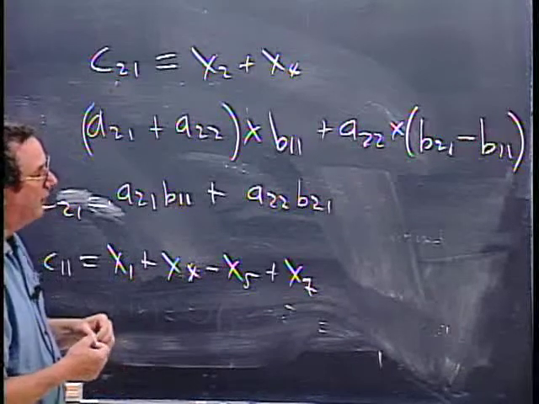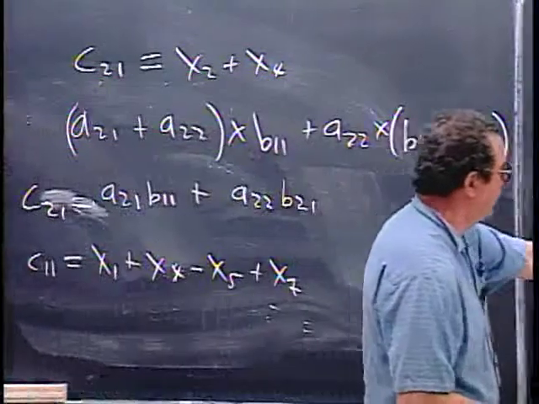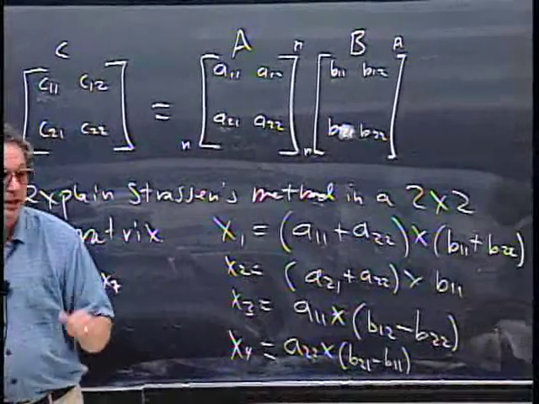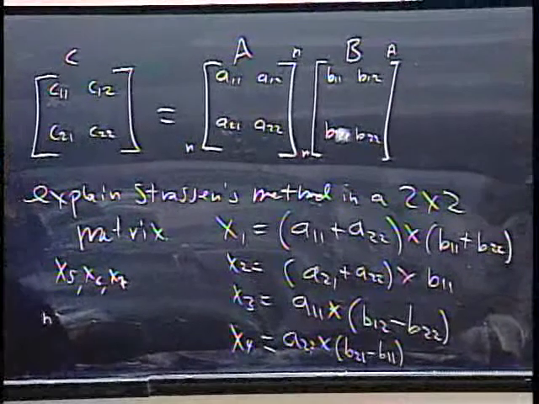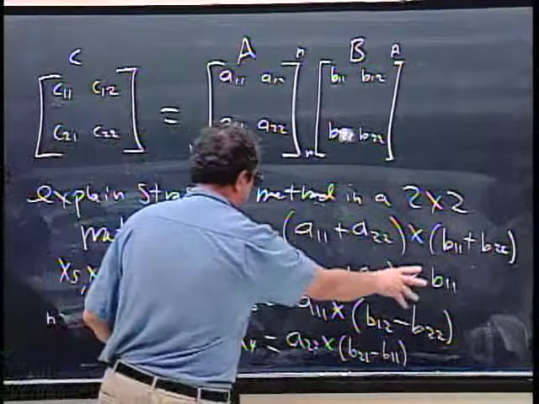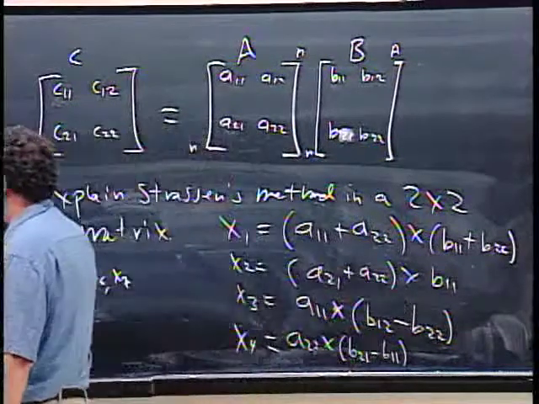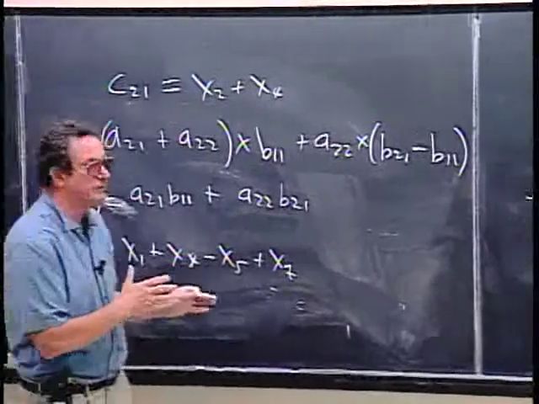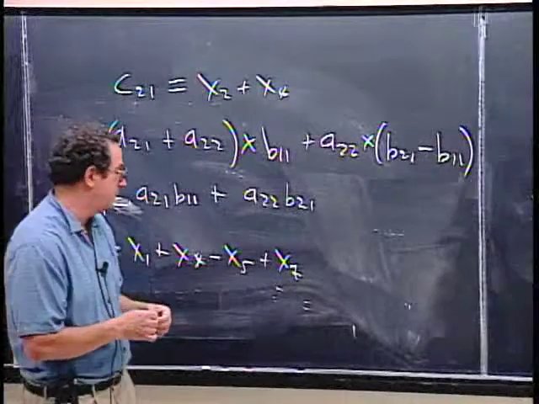Now, it turns out that forming the x's involves 7 multiplications, and we have some number of additions and subtractions here, and some more additions and subtractions here, and it turns out that it involves 18 additions and subtractions.